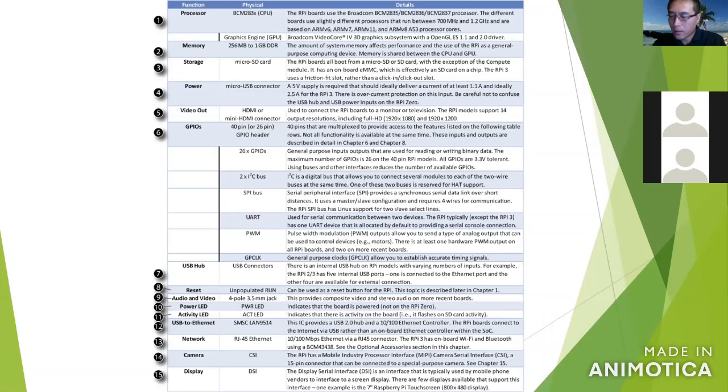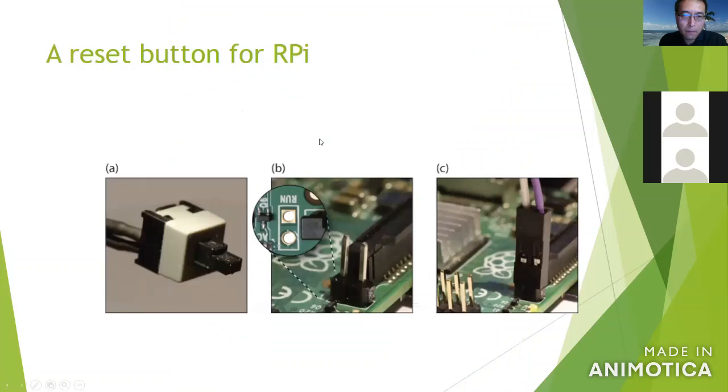So for this Raspberry Pi, it actually doesn't have a reset button provided. So one possible solution, because Raspberry Pi is a small computer, sometimes it does the same thing as your general computer.